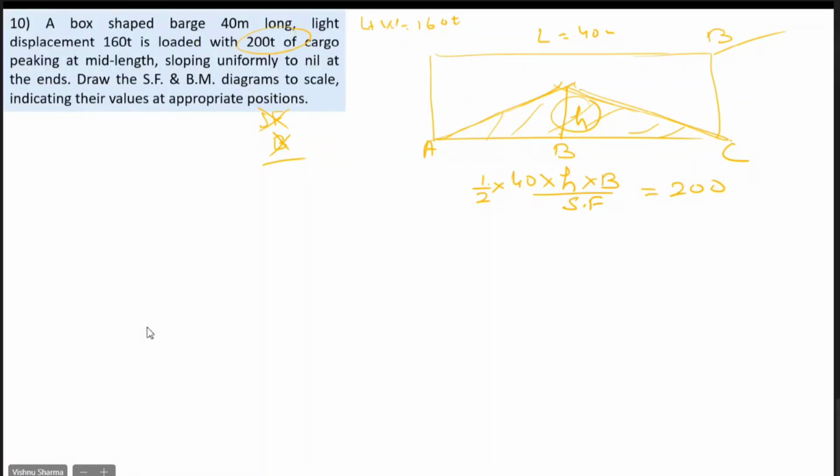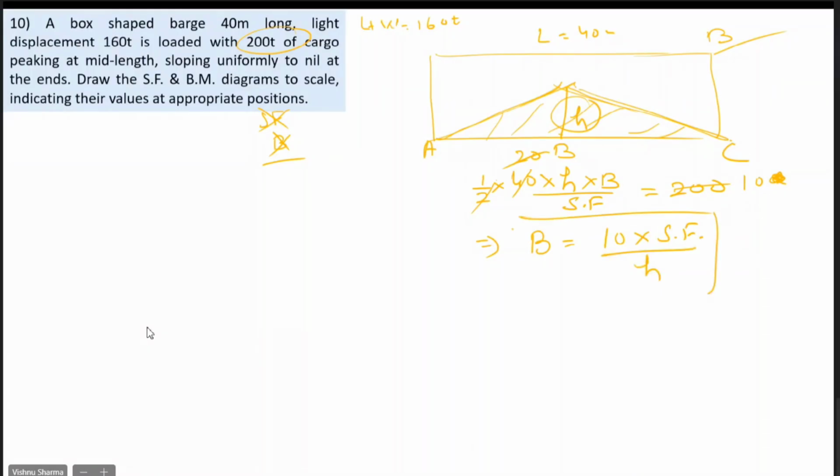Okay, so this becomes 20, this becomes 10. This implies B is equal to 10 into SF upon H.